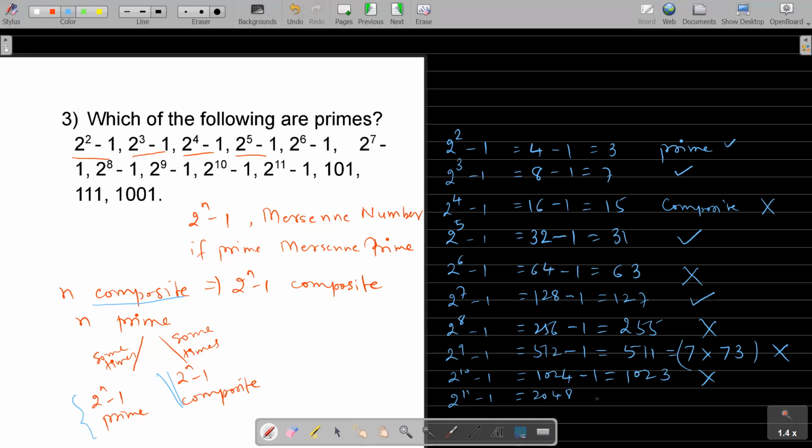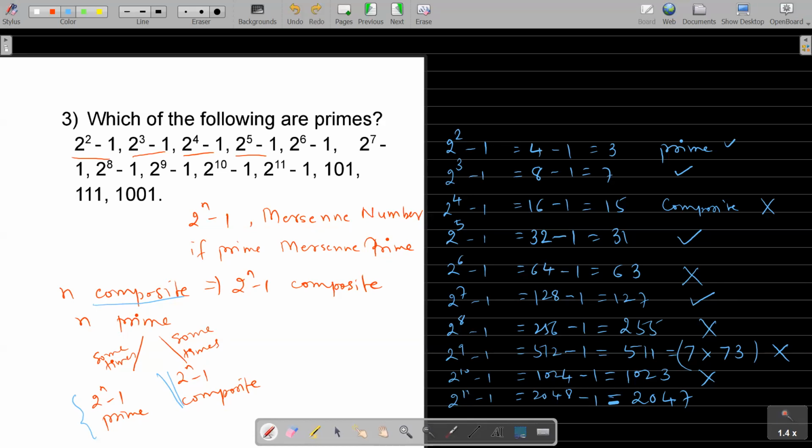Now 11 is prime. Check without calculators, without computers, check this number manually. 2 raised to 11 minus 1 is 2047.